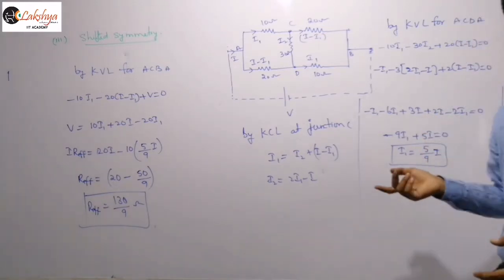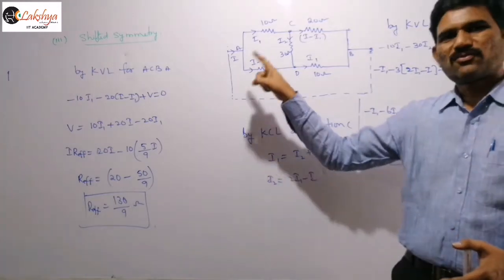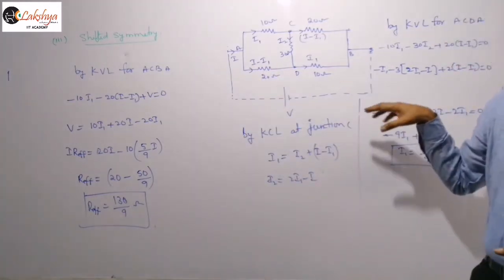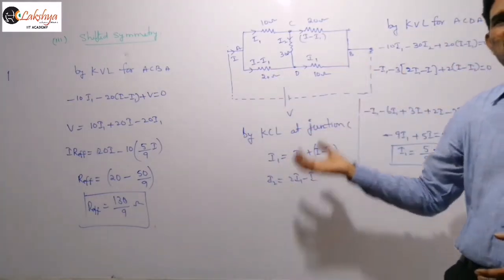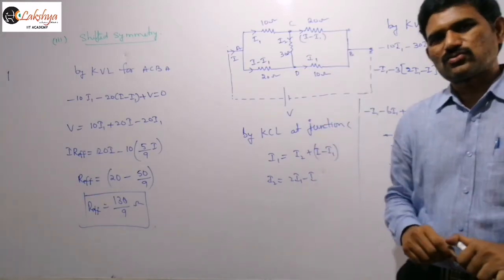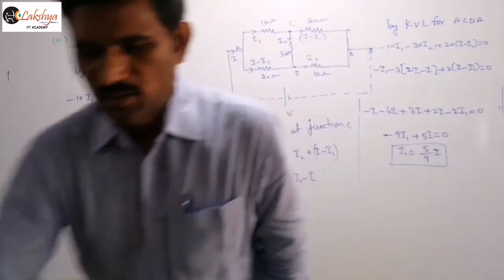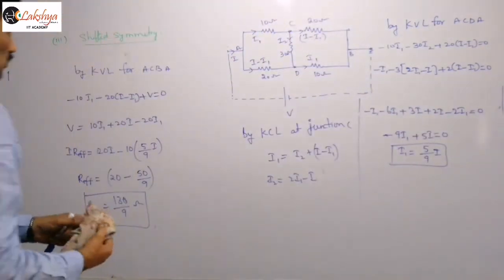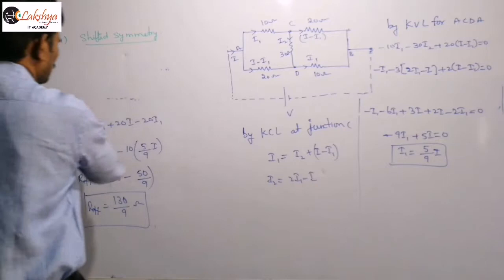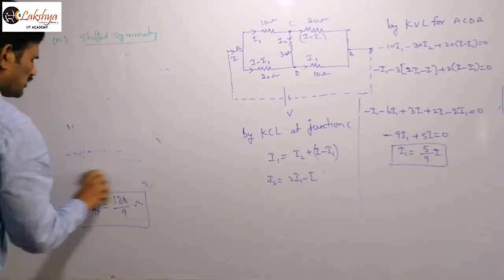Then you will get I1 and I2 values. Then we need to apply finally this Kirchhoff law here, right? Whereas if you are taking that shifted symmetry, the number of variables reduces, so that we can apply this easily, right? So that is the shifted symmetry advantage. Just the calculation reduces.